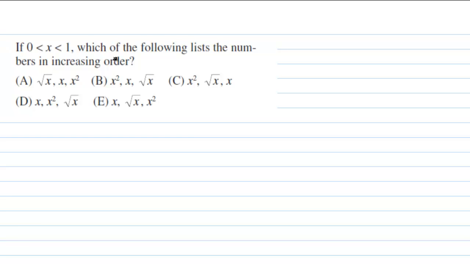So we want x, which is some value between 0 and 1, and we want an increasing order. Again, the plug-in technique. Now you can see why this technique is very important.